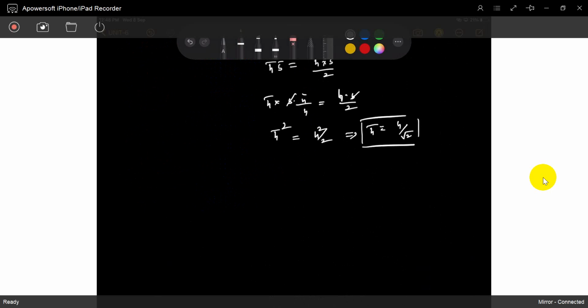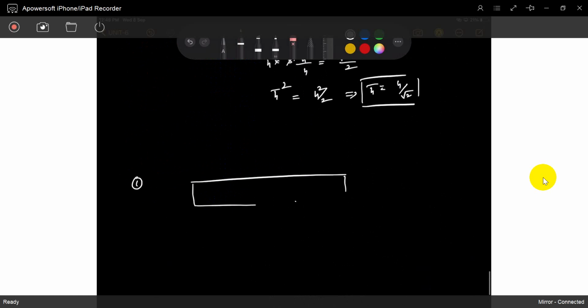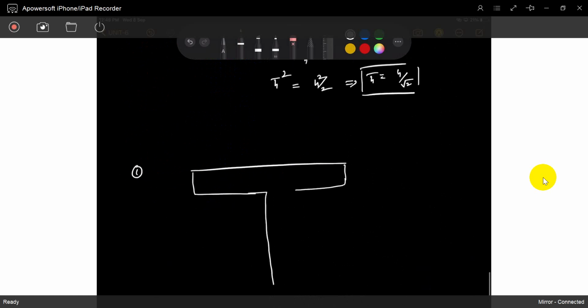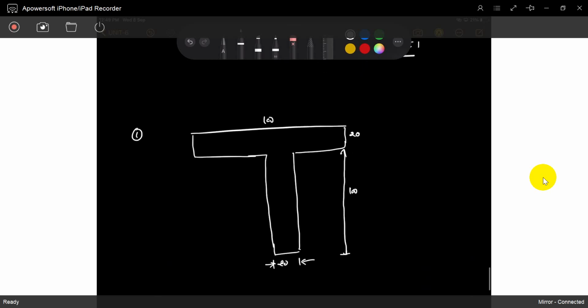So you can easily find out. I will show once again with another section, an I section. It is 100, with a thickness of 20, again 20, and 100. Simple problem.